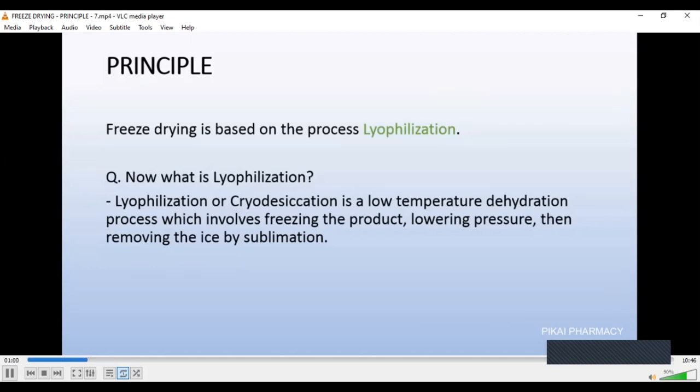So what happens is that the moisture in our material is converted to ice by the low temperature, and then by applying low pressure, that ice gets sublimated to its gaseous form, that is the vapor state.